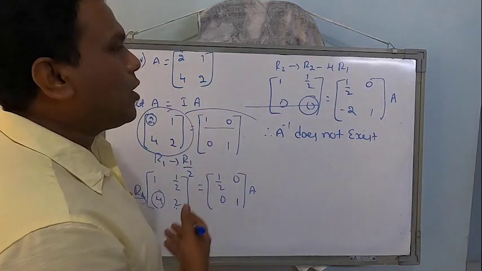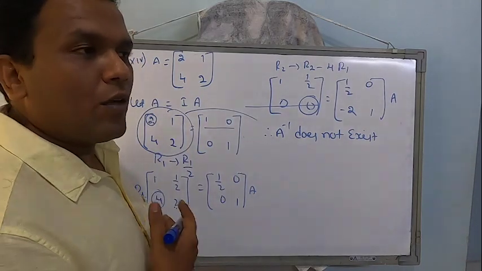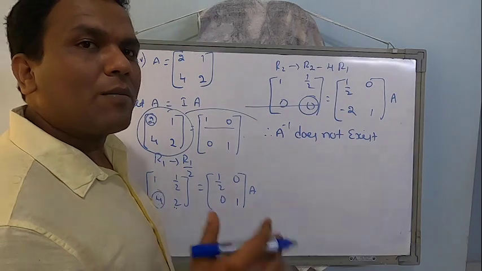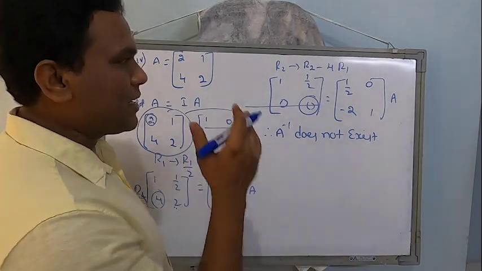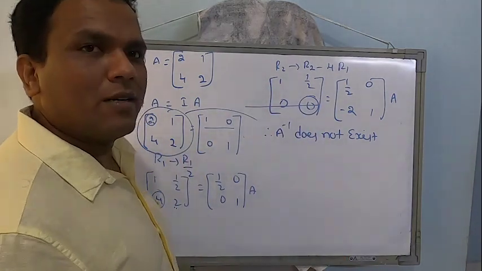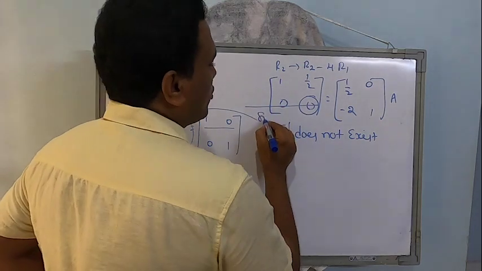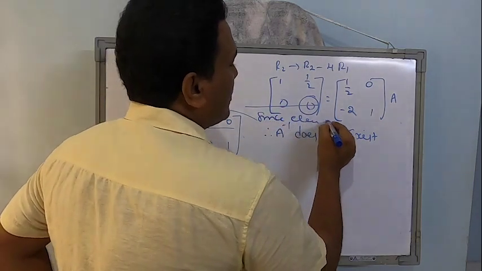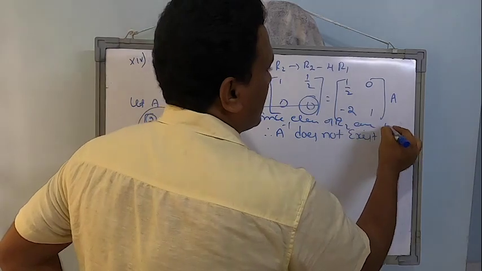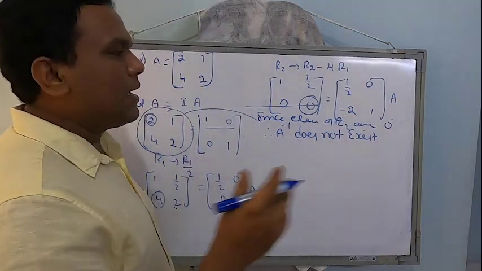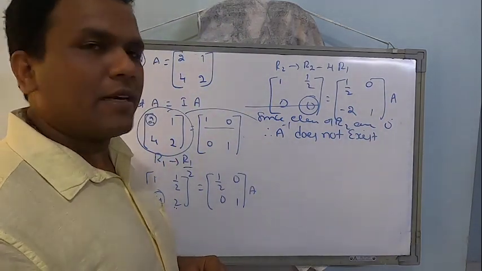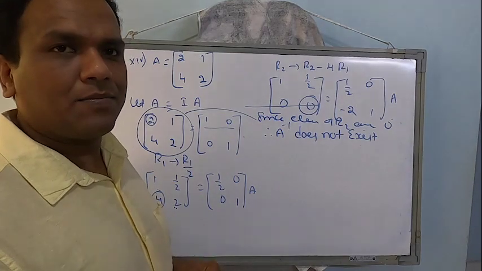So when doing operations like this, if one row or one column will become completely 0, in such case stop and give a conclusion. Okay, since the elements of R2 are zeros, therefore you cannot find the inverse, or you can just say A inverse does not exist.